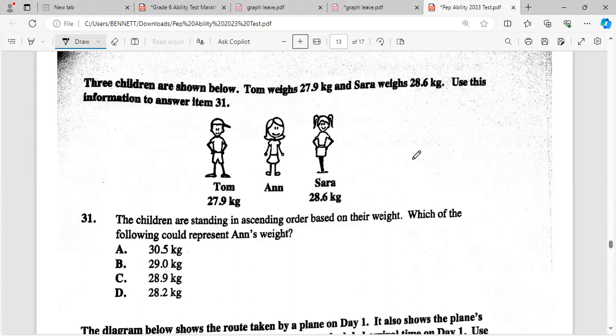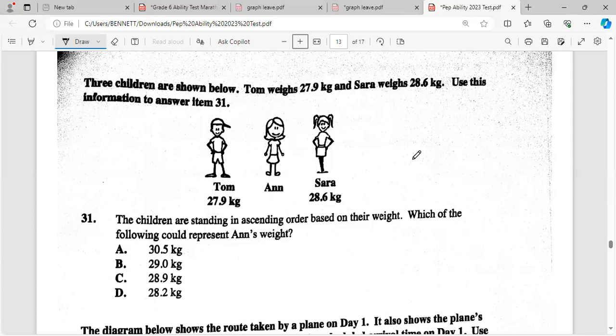If the children are standing in ascending order based on their weight, which of the following could represent Anne's weight? It would be 28.2 because it couldn't be 28.9, because that's more than Sarah.